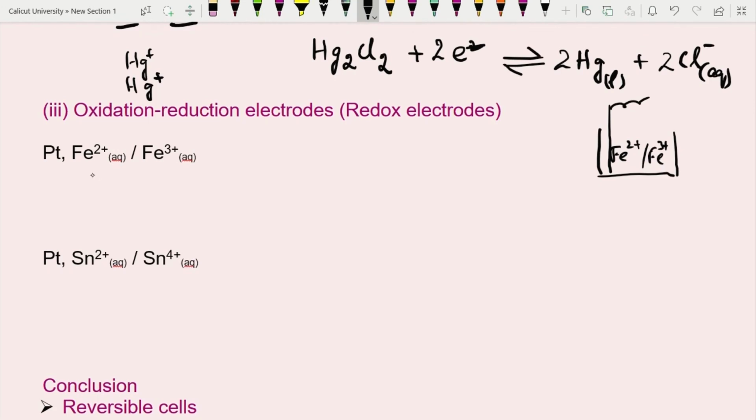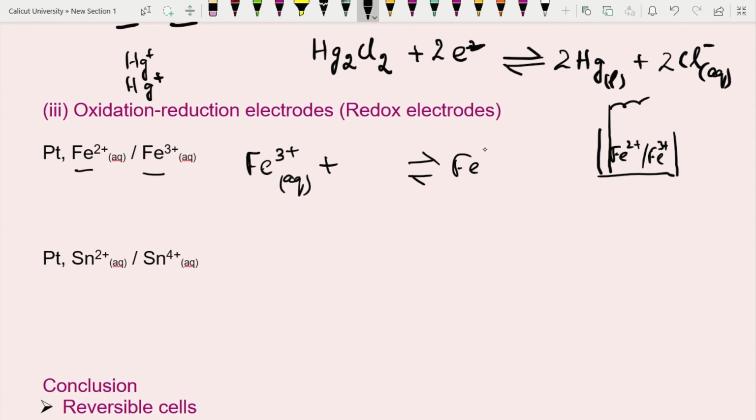Now, here it is very easy to write the reaction, because here we have ferrous and ferric. We have to write it in the form of reduction, and therefore find out which is in the oxidized state, that is usually the ferric. So, the ferric ion in the aqueous state will take up electrons, because it has to get converted only into Fe2 plus, nothing other than that.